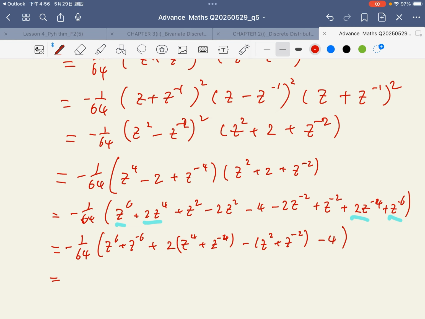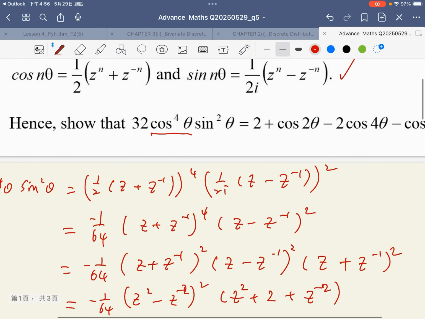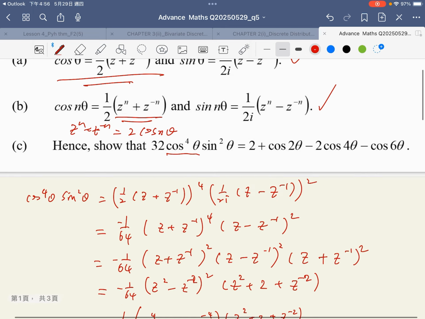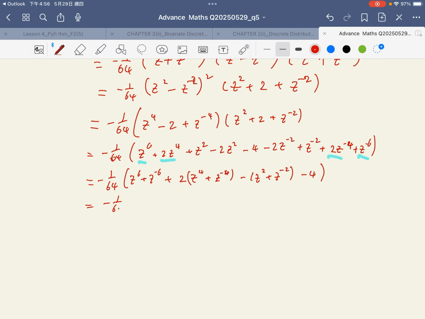And for this one, I can use this formula: z to the power n plus z to the power minus n equals 2 cosine n theta. That means 2 cosine 6 theta, then 4 cosine 4 theta, then cosine 2 theta, minus 4.